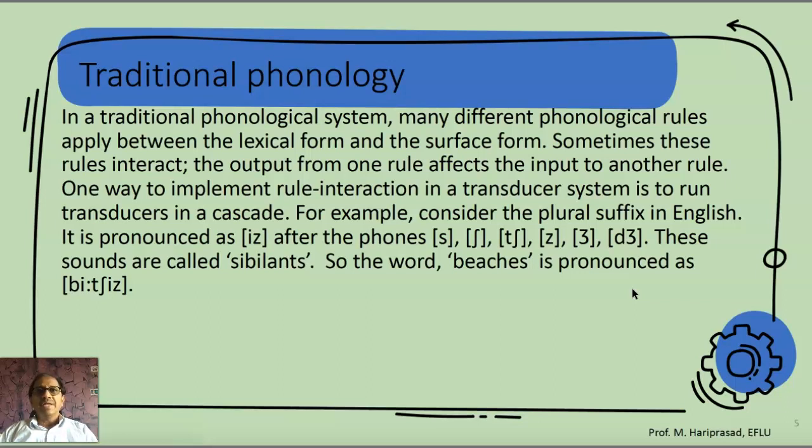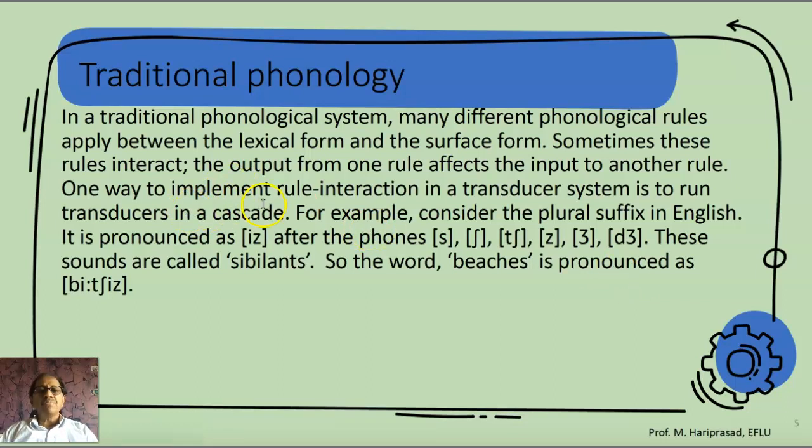When the output of one rule affects the input of another rule, it is called feeding. When a rule blocks the other rule from applying, it is called bleeding.